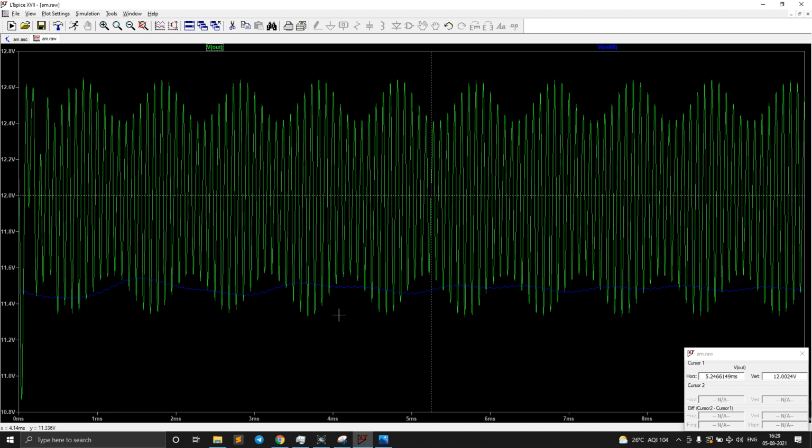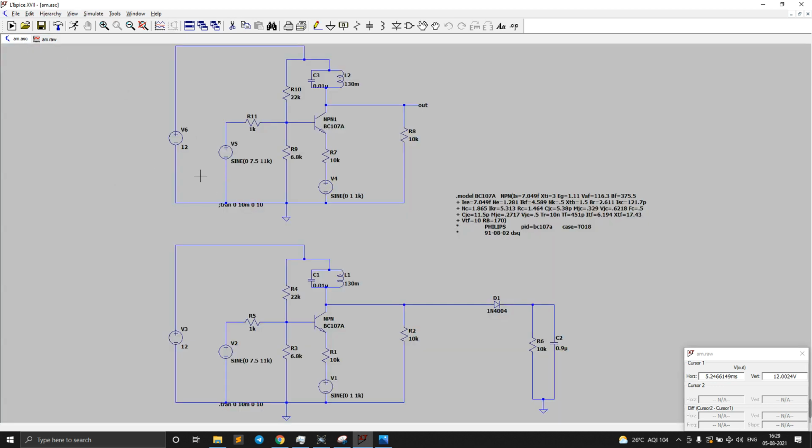Here, if we see the frequency we took to generate this AM, this is the Vin for this one, that means the VCC supply, this is the carrier wave, and this is the message signal.